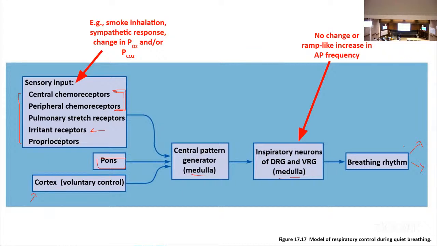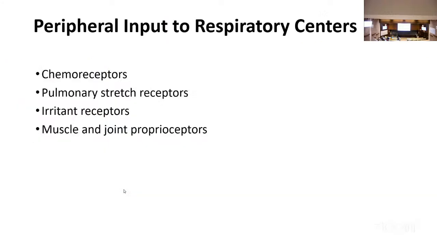So your proprioceptors can sense that like your intercostal muscles are moving, stuff like that. So sensing your own position of your body and movement. Okay. So these are all peripheral inputs. So inputs from out in the body, things we're sensing that are giving information to our respiratory centers so that we'll alter the breathing rhythm accordingly.